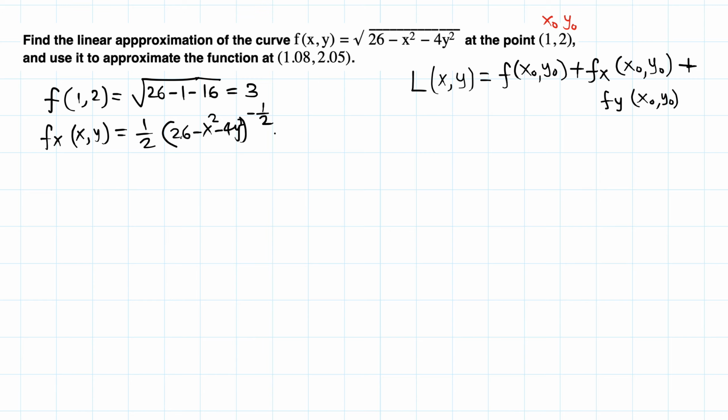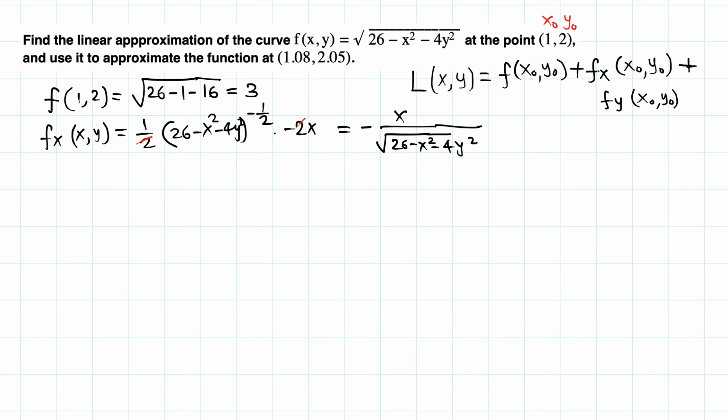So 26 derivative 0, so negative 2x, minus 4y squared, that's 0 as well. So let me simplify. These 2 from top and bottom can be cancelled. So negative x over, because it's something raised to negative 1/2, when I put it on the bottom, it becomes the square root of 26 minus x squared minus 4y squared.